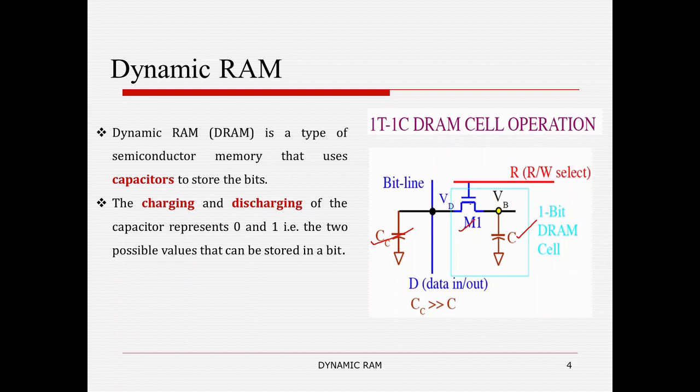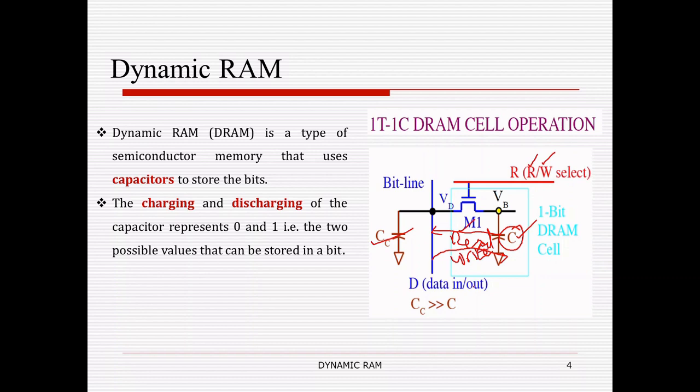With respect to the read and write control input, the transistor M1 will be either in the on condition or the off condition. A read operation in dynamic RAM memory means the energy stored in the capacitor is transferred to the bit line. If the energy stored in the bit line is transferred to the capacitance, it is called a write operation.